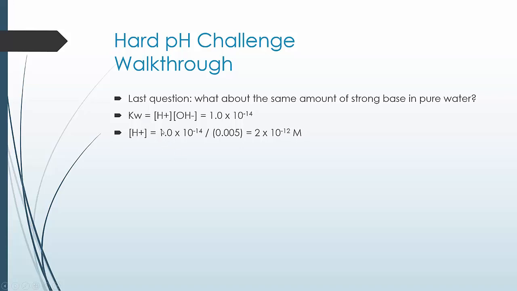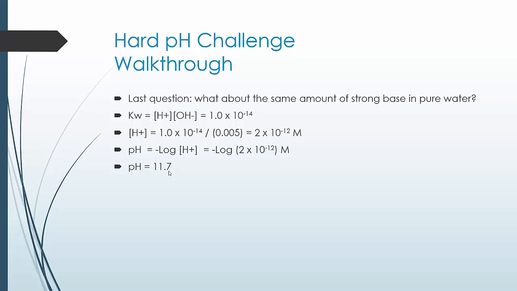Now that we know the proton concentration, we don't use Henderson-Hasselbalch, we use the standard pH equation, which is pH equals the negative log of the proton concentration. So we take the negative log of 2 times 10 to the negative 12th molar, and pH is 11.7. Notice, just by adding 1 milliliter of sodium hydroxide, our pH jumped from 7 to almost 12.